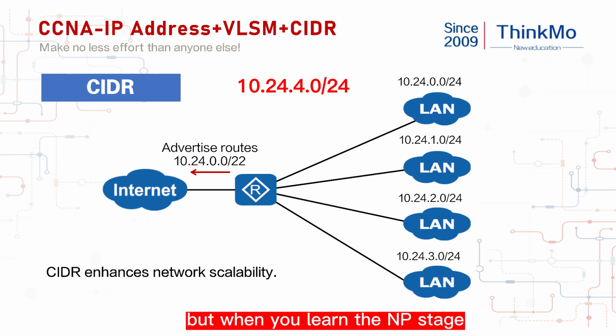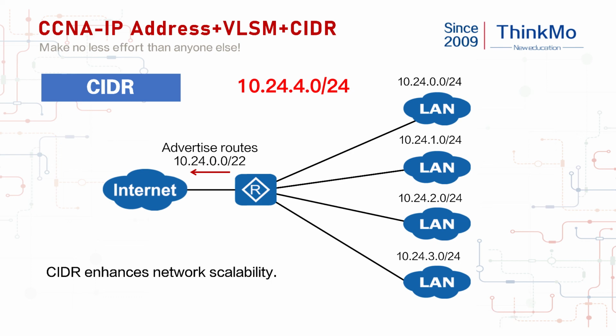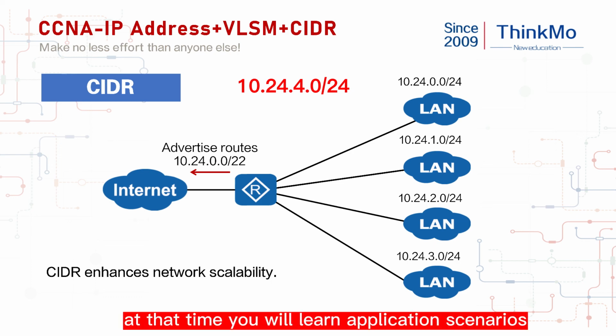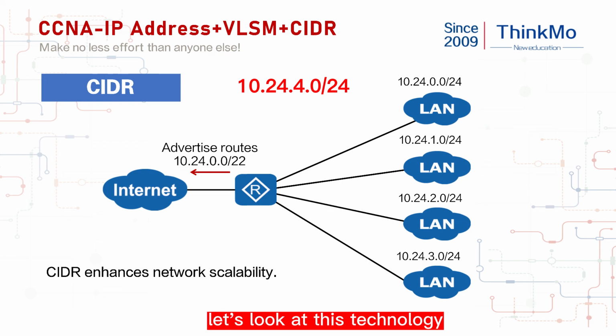But when you learn the NP stage, you will come into contact with a certain routing technology, that is, routing knowledge. Then you will know why some companies make corresponding announcements with the internet. At that time you will learn application scenarios. When you combine it into the project scene and look at this technology, you won't think it's useless.